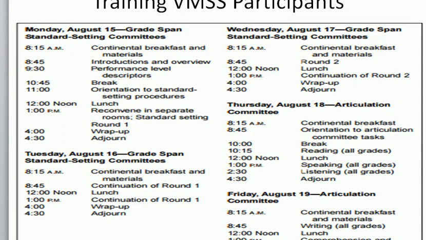This is a chart of training activities of vertically moderated standard setting participants. Monday, August 15, grade span standard setting committee. The session started at 8:15 a.m. with continental breakfast and materials.